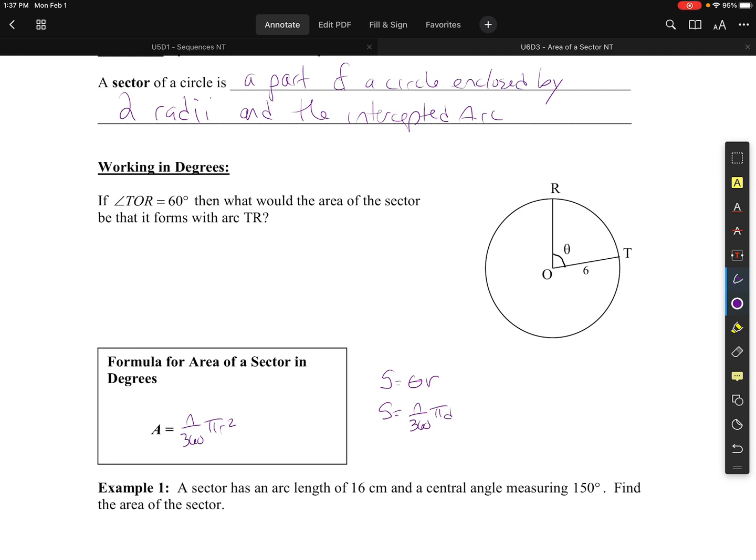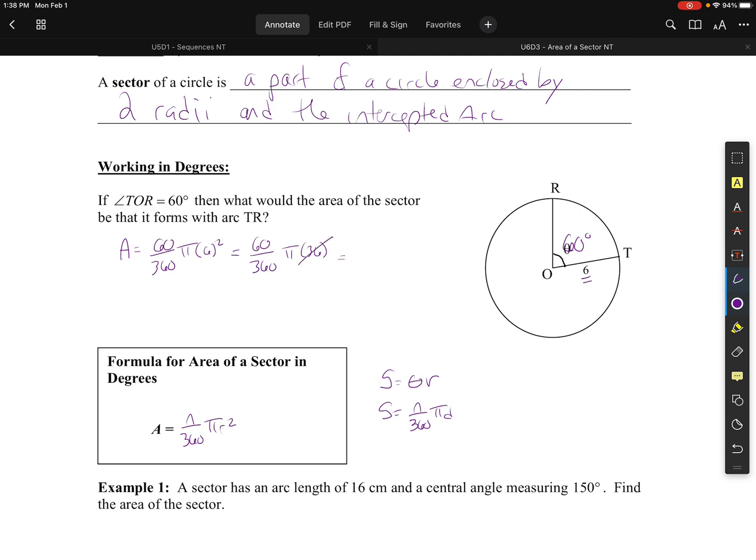So here's our situation. 60 degrees, radius is 6. So our area equals 60 over 360 pi times 6 squared. 60 over 360 pi times 36.